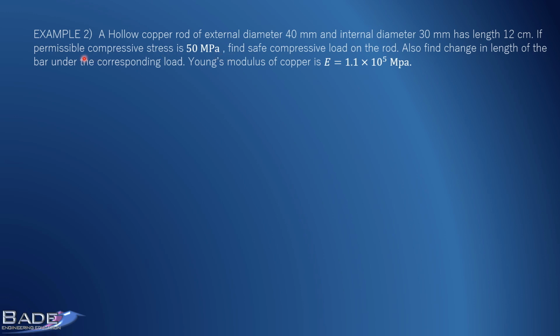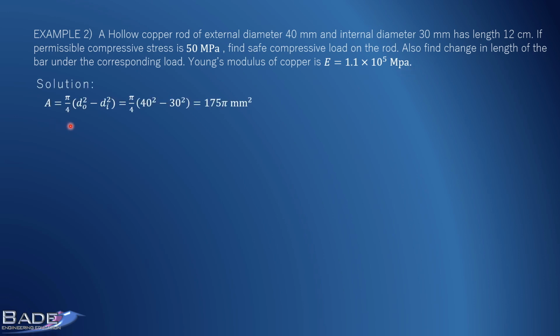So for permissible compressive stress of 50 megapascal, find the safe compressive load on the rod. Also find the change in length of the bar under the corresponding load. Young's modulus of copper is 1.1 into 10 raised to 5 megapascal. Megapascal is nothing but Newton per millimeter squared.